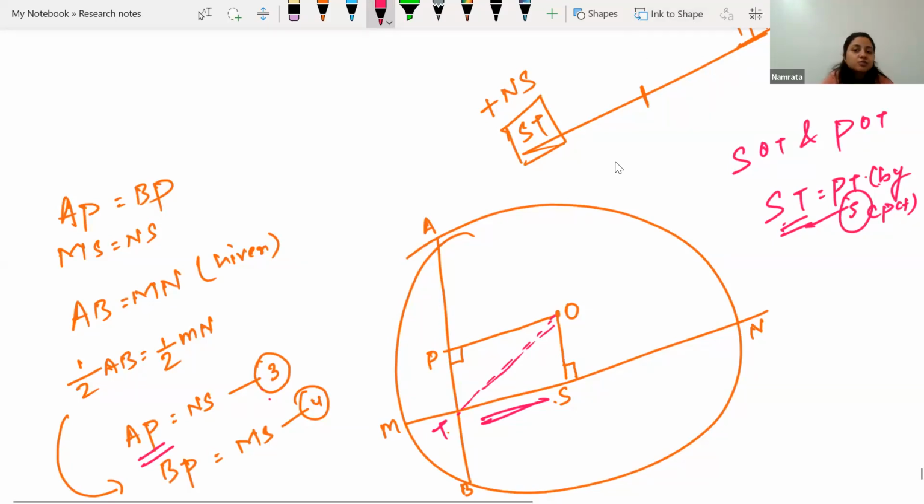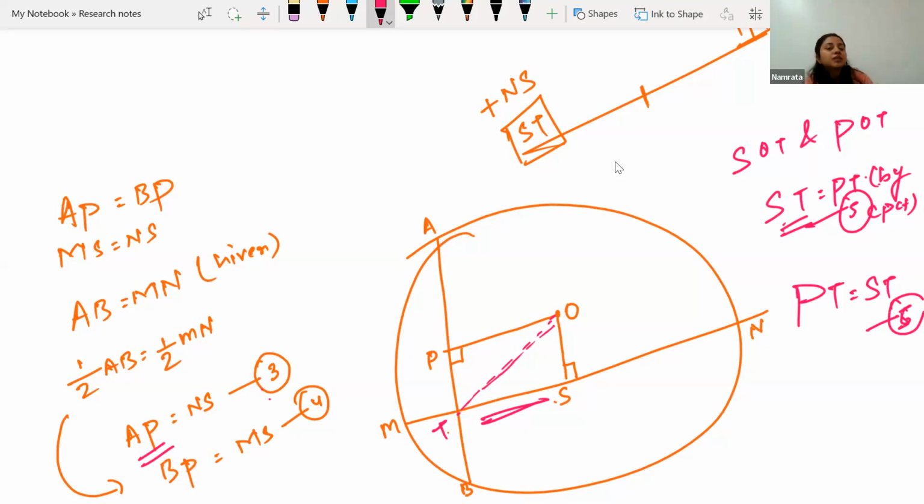So ST is equals to PT we have got. We can say PT is equals to ST also we can write it. Equation number 5 can be written as PT is equals to ST. Because these two are equal with each other, whatever way we write it, the left one we can write on the right hand side, and the right one we can write on the left hand side. It's still the same.